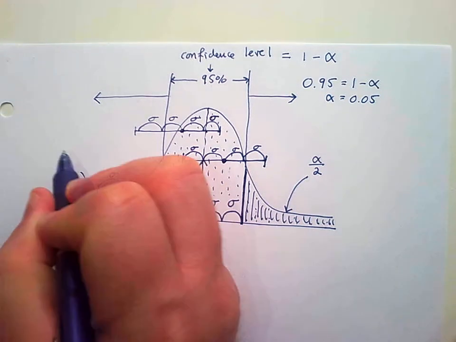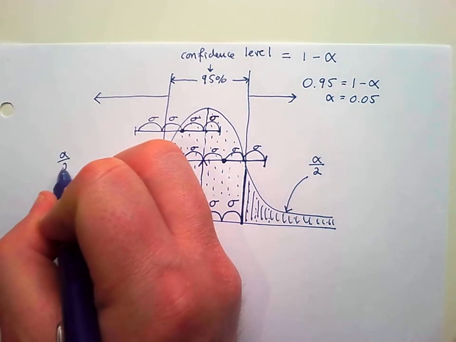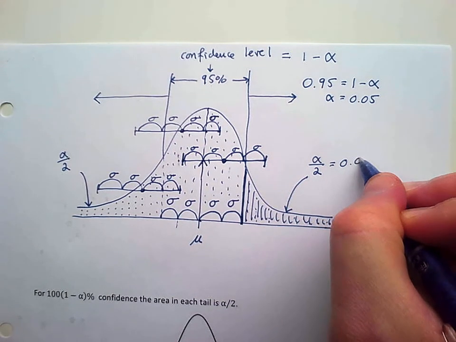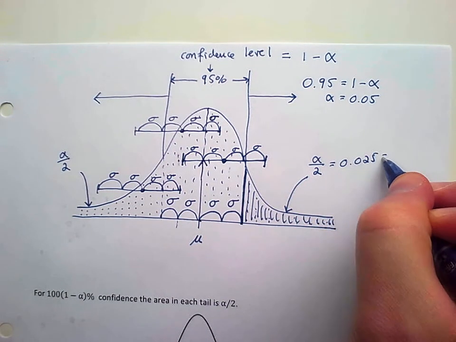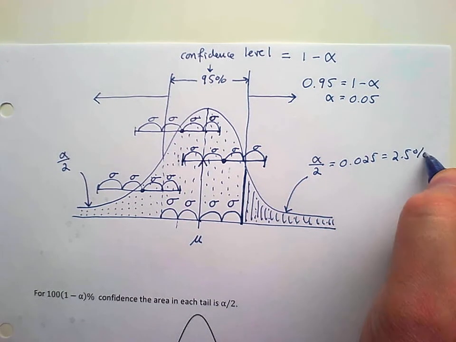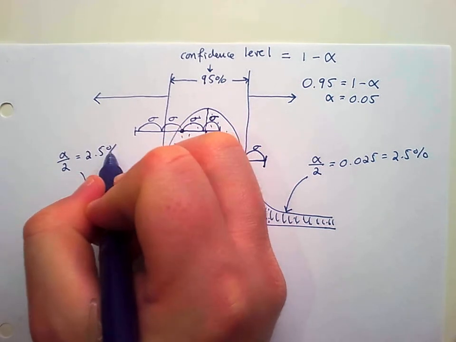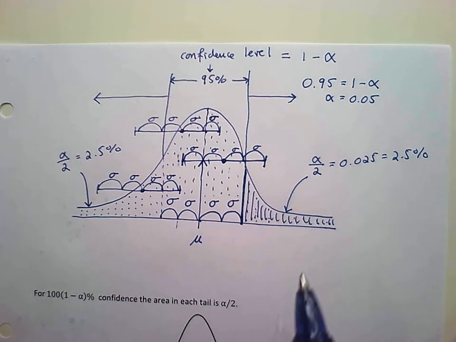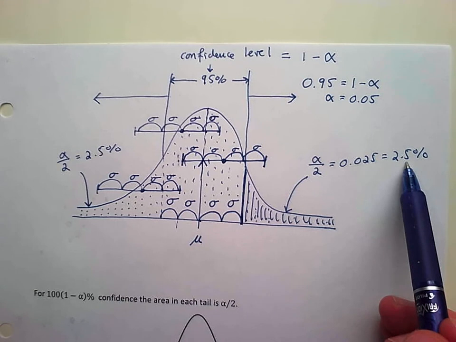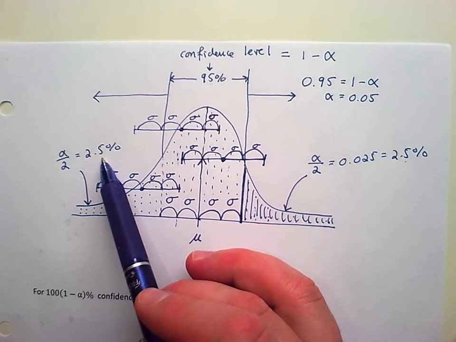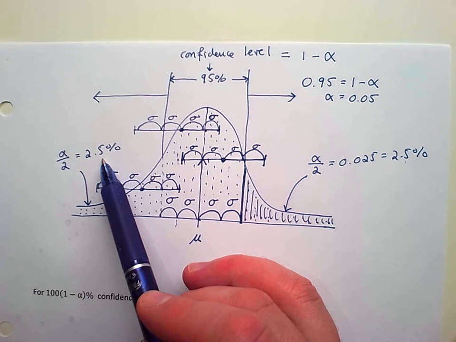And over here in this tail, we're also going to have alpha divided by 2, or 0.025, which is 2.5%. And here, again, this is going to be 2.5%. So therefore, 2.5% and 95% and 2.5% now equals 100%.